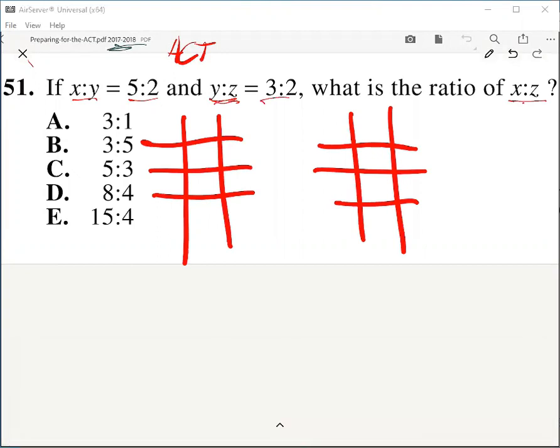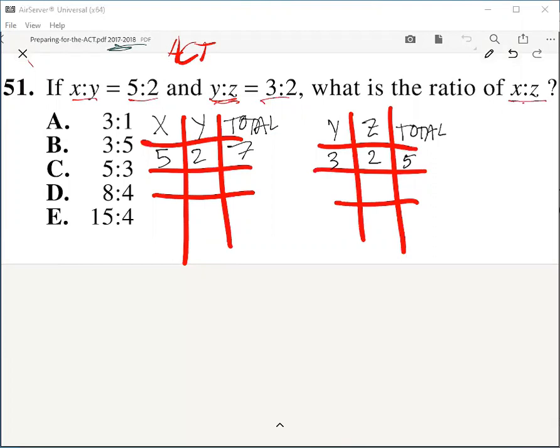So x to y, total. For every 5 x's, we have 2 y's for a total of 7. Over here, we have y to z, and this will be our total column. For every 3 y's, we have 2 z's for a total of 5.